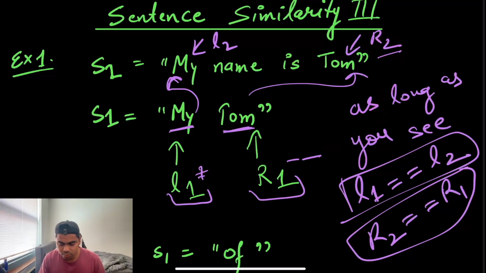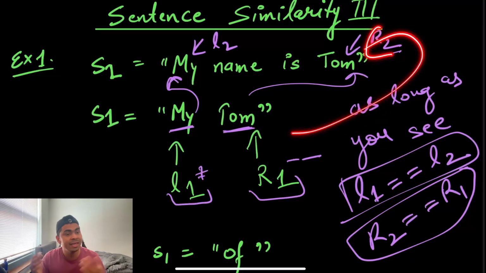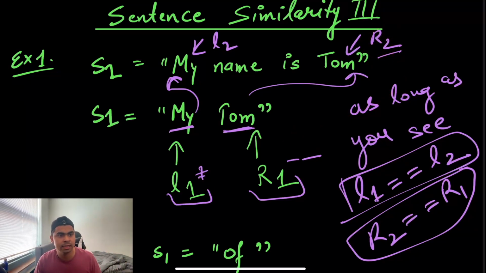It could have been in the end also, and still we would be able to convert it. Inserting something in the middle doesn't really mean you are inserting only in the middle. I'll show you another example.